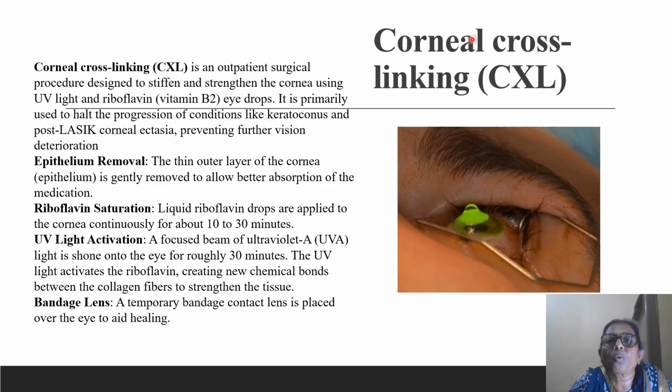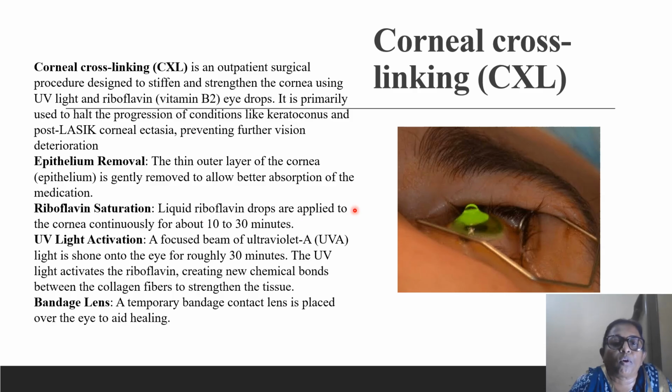Then corneal cross-linking. That is the procedure in which we are stiffening and strengthening the cornea using ultraviolet light and riboflavin, vitamin B2 eye drops. So epithelium removal is done. That is, the outer layer of the cornea is gently removed to allow better absorption of the medication. Then riboflavin saturation.